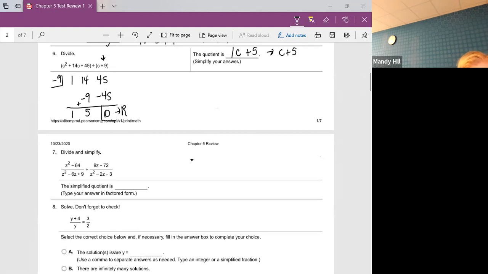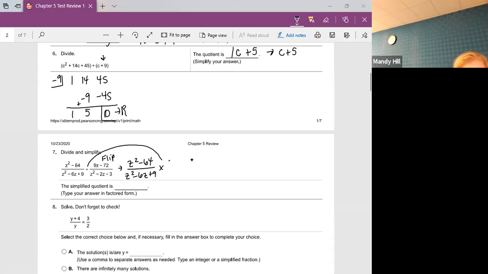Okay, this looks a little bit more complicated. They're asking us to divide this. The first thing that sinks in my head is, we know when we're dividing fractions, that means we're multiplying by the reciprocal. So I'm going to change my division to a multiplication, and then we're going to flip the second fraction.